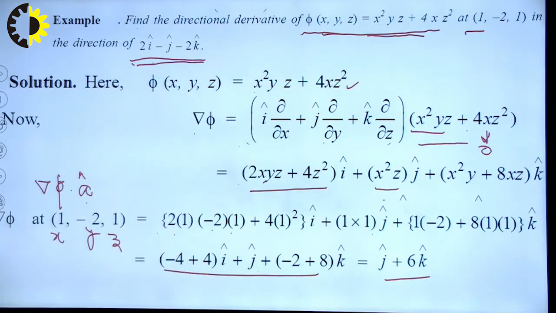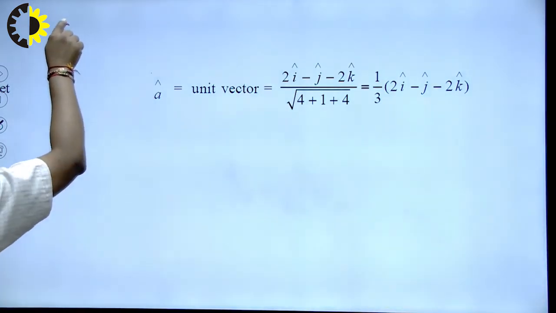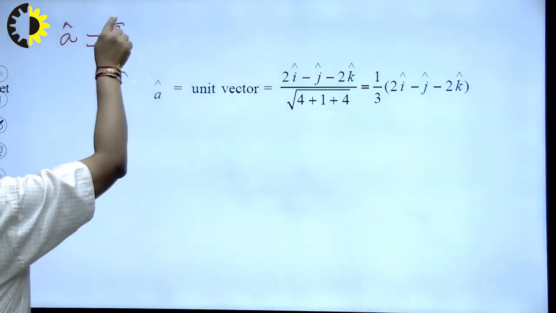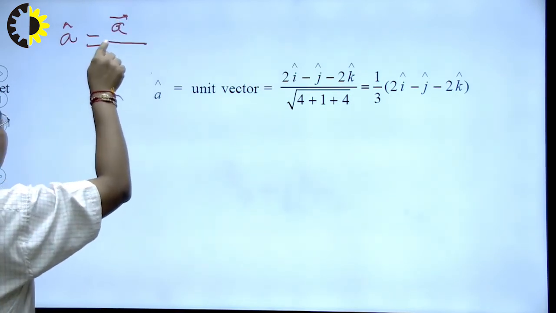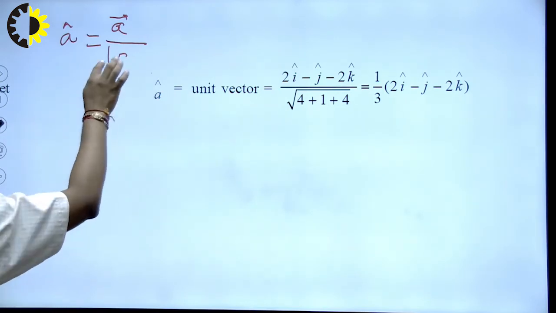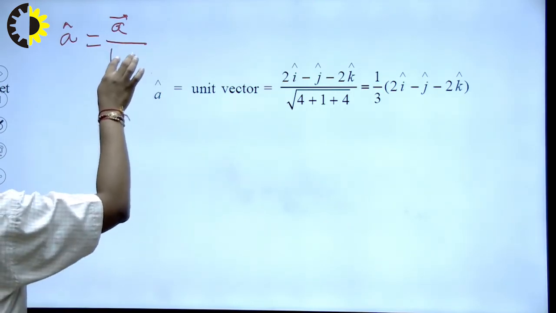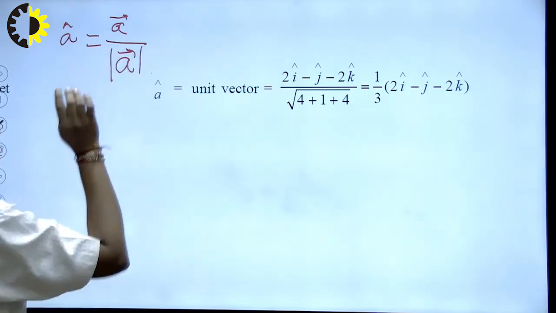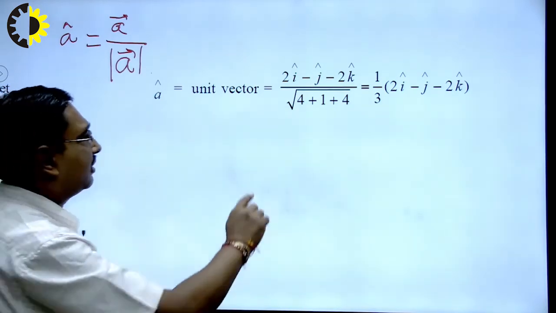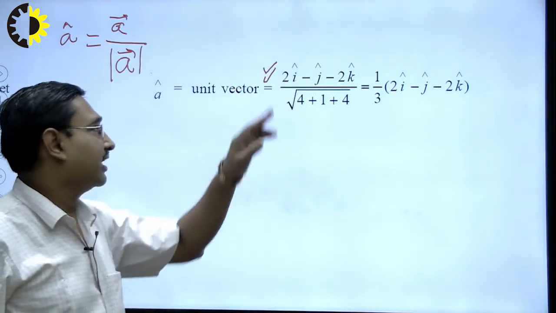Now the term required is this vector a cap. As we have already discussed, vector a cap will be calculated using vector a upon modulus of vector a. The given vector in which the directional derivative was required was this vector.